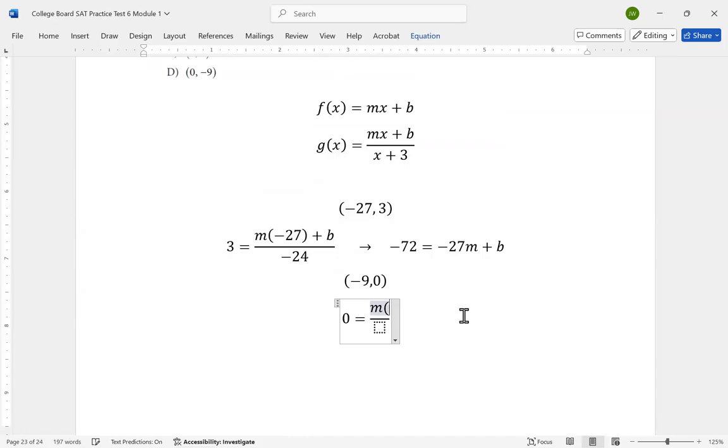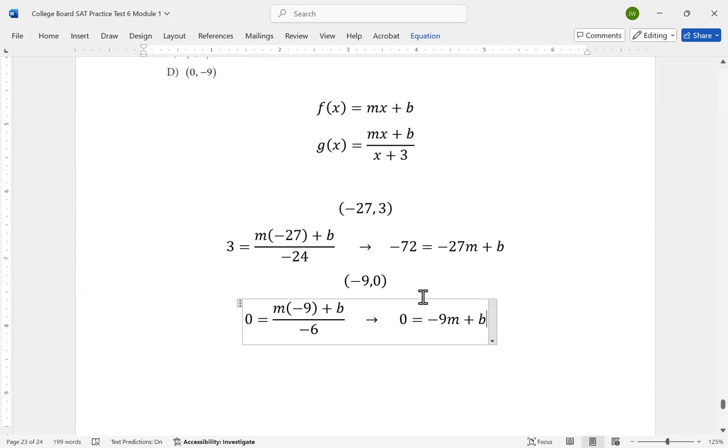We get m times negative 9 plus b divided by, not going to matter that much to be honest, negative 9 plus 3. That becomes a negative 6. Notice that when I multiply both sides by negative 6, I end up with the equation that says 0 is equal to negative 9m plus b.